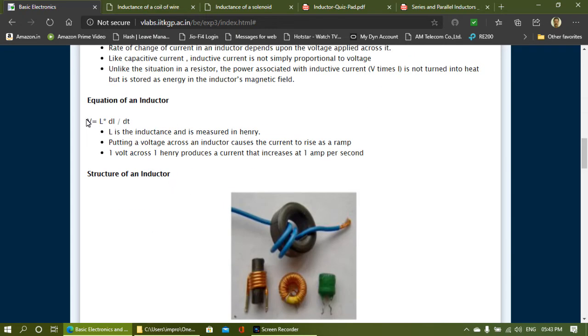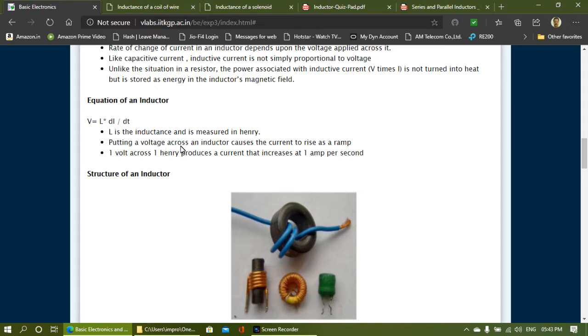So this is the equation when an inductor is used in an AC application. V is equal to L, the inductance, into di by dt. Here, according to the drop voltage, your current is increasing with respect to time. L is the inductance and is measured in Henry.